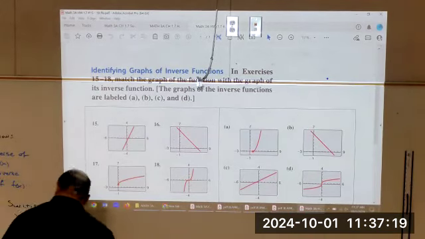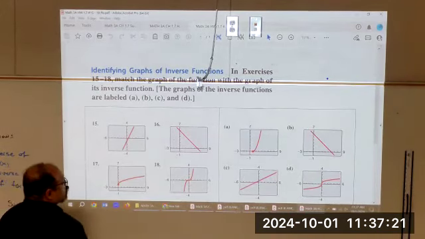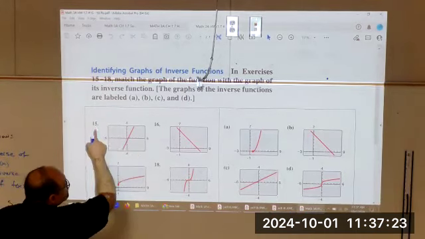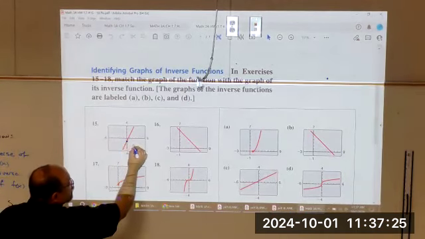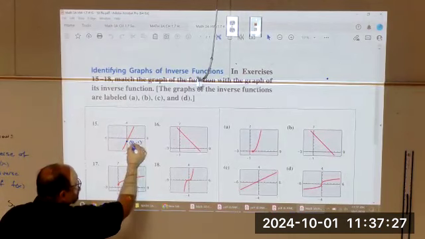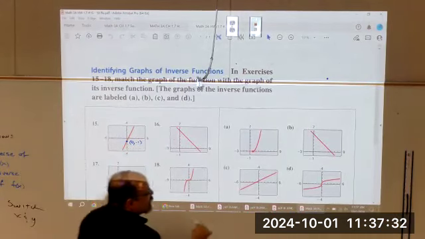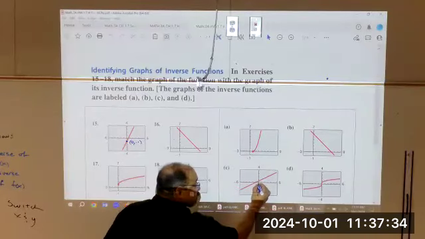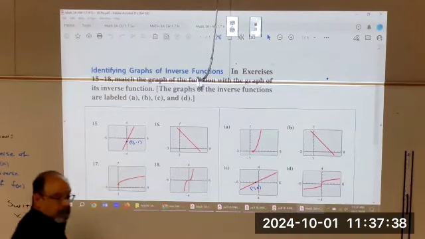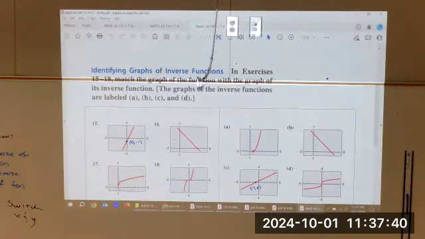Here's how you tell. They switch ordered pairs. On this picture of 15, this is 0, -1. So I would have to find the picture that has -1, 0. That's the inverse function. It switches the ordered pair.